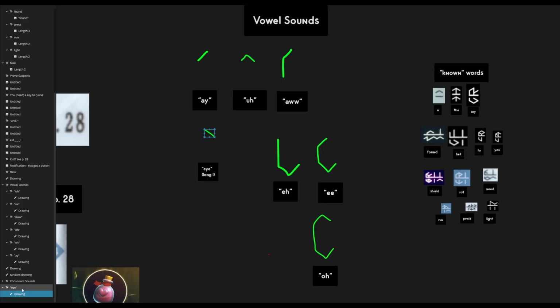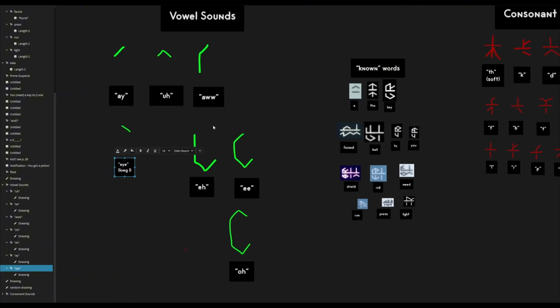Oh, here we go. Vowel sounds. We've got run for S. I got for okay. Light. Need. O. We've got O. Shield. U. Do we have U?